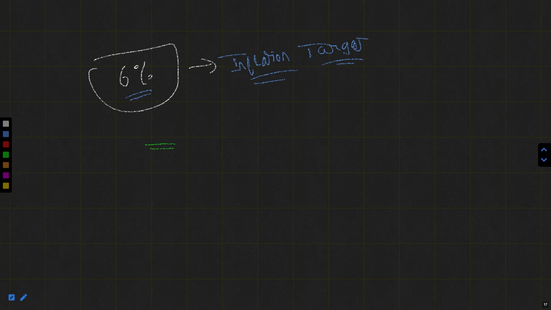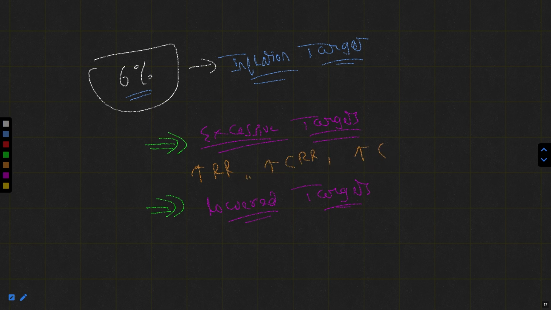Now there are two cases. The first case is for excessive targets, and the second case is for lower targets. If there is an excessive target, it means that inflation has already crossed the boundary line. So what will happen? High repo rate, high CRR, high SLR.